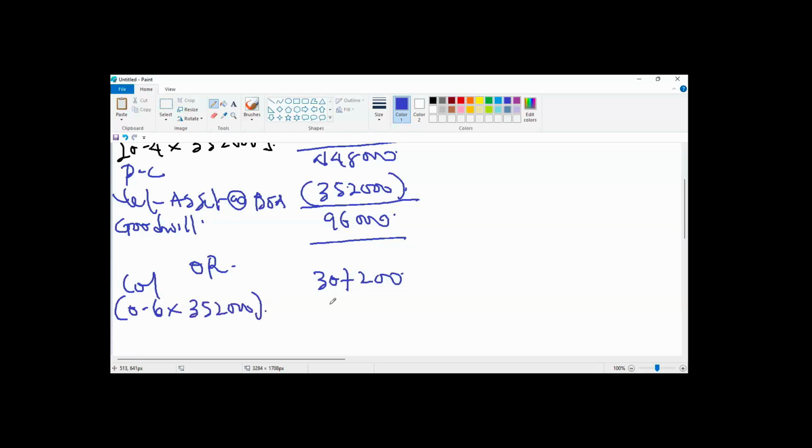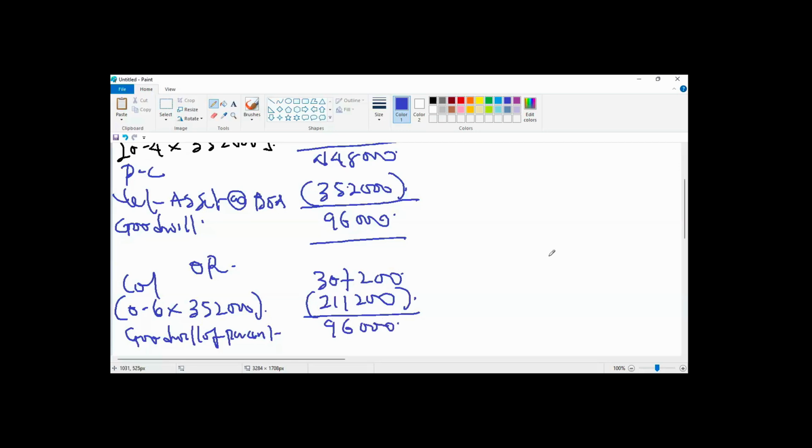What does it give us? 211,200. I remove 211,200, that will give me the goodwill of the parents. 307,200 minus 211,200 is 96,000. It still gives the 96,000.